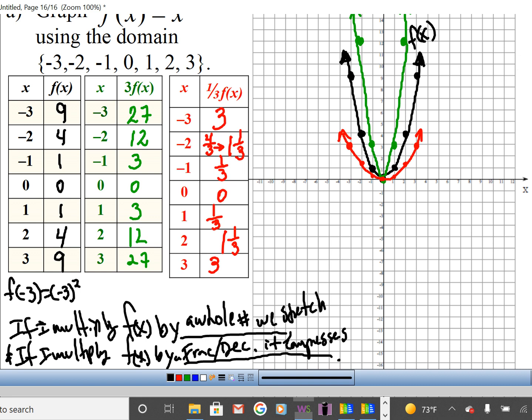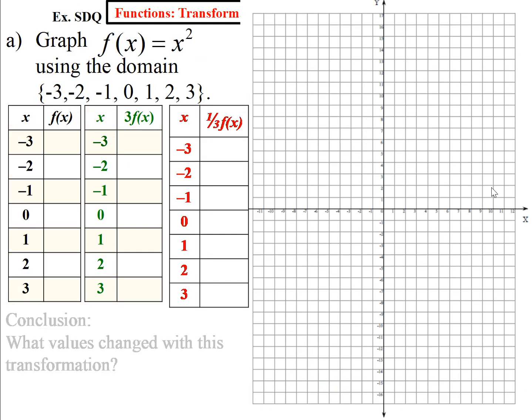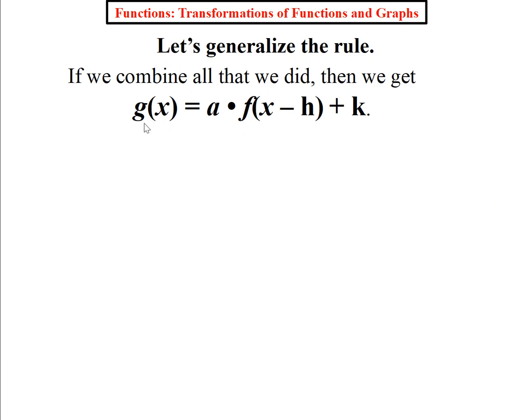So our general rule now changes. Copy this general rule, please. g of x equals a times f of x minus h, plus k. g of x equals a times f, parentheses, x minus h, close parentheses, plus k.